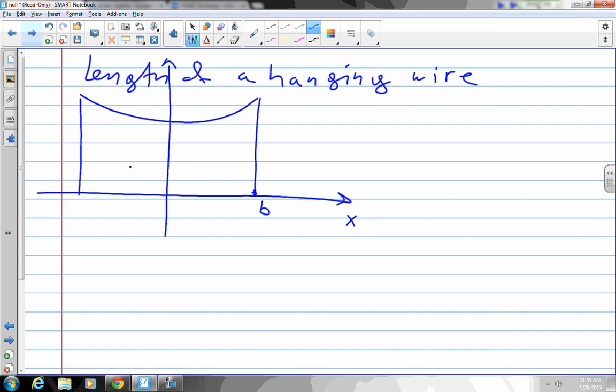We're going to call this point b, that point negative b, and this point is a, the height at the lowest stage. So then the actual formula for this curve, just the wire, is y equals a times cosh of x over a, for whatever reasons that we don't need to know.